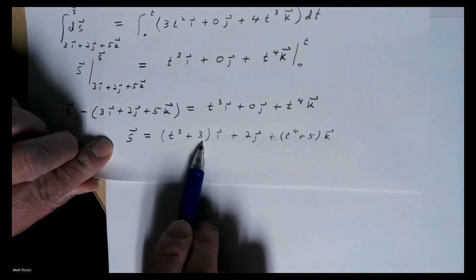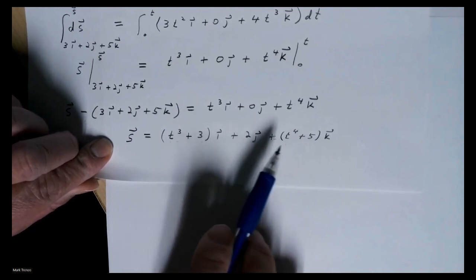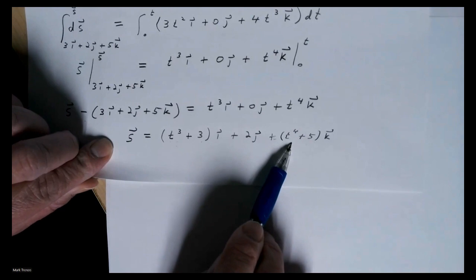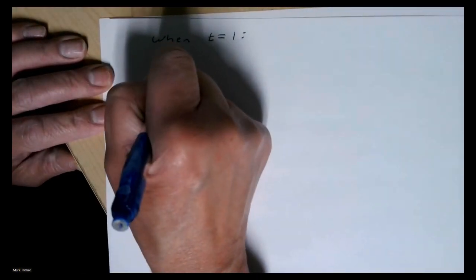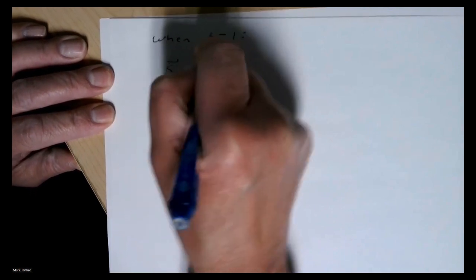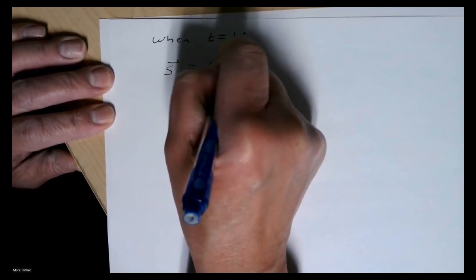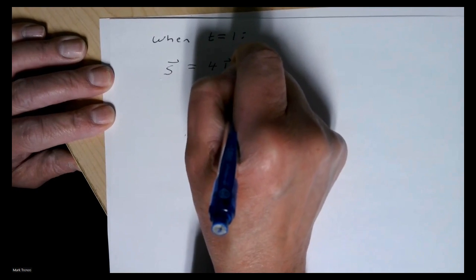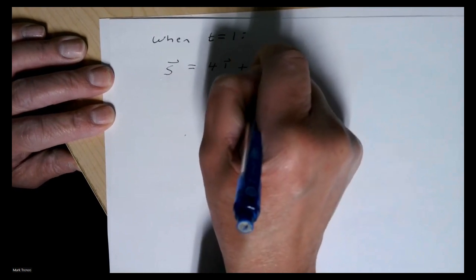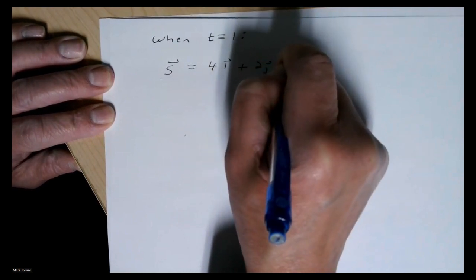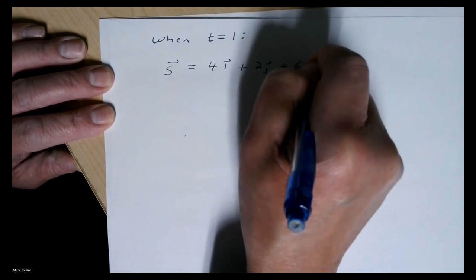This would be 4. This will still say 2. 1 to the 4th is 1. This would be 6. Four plus 2 plus 6 for the point.